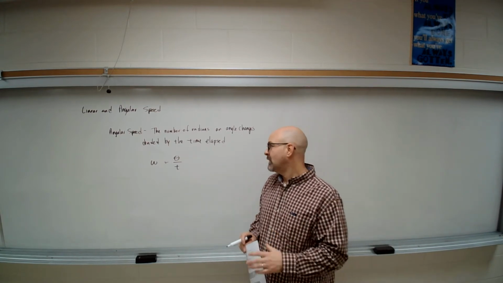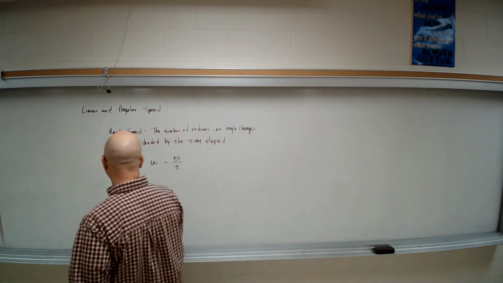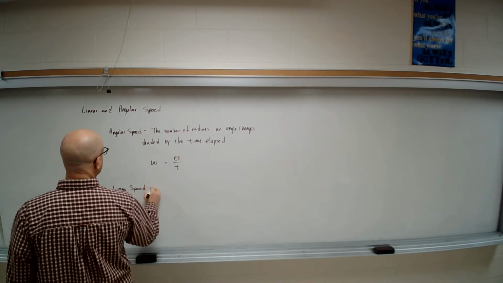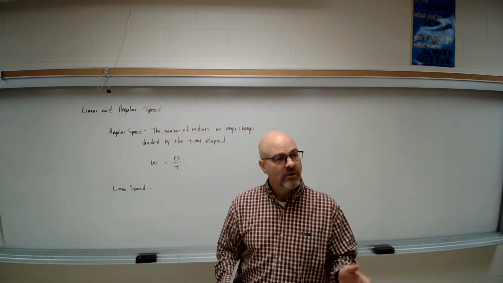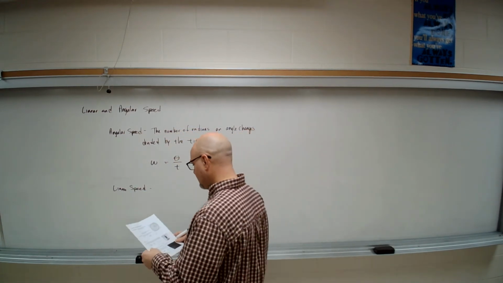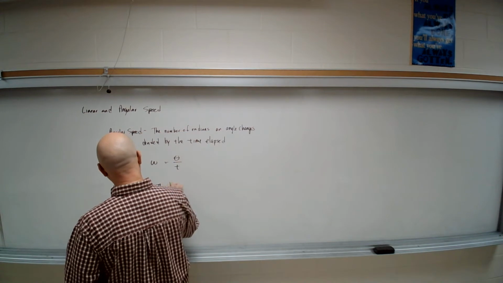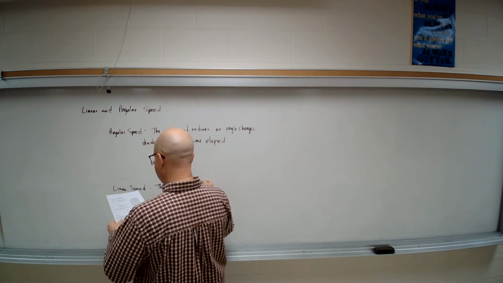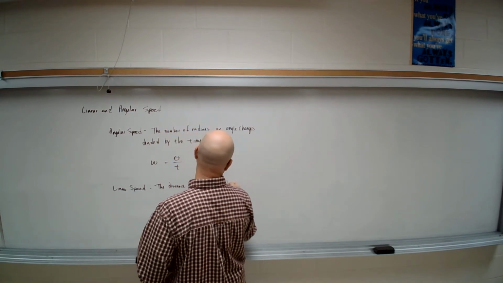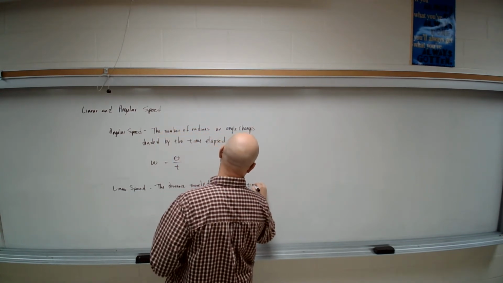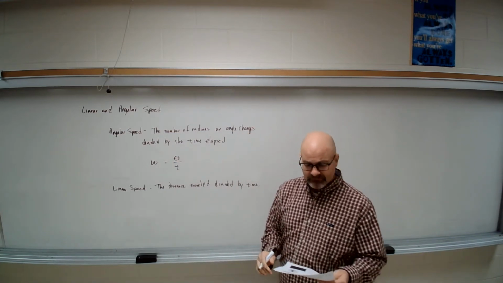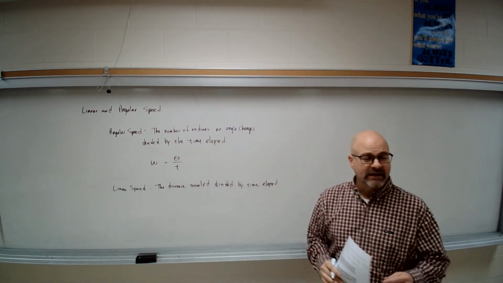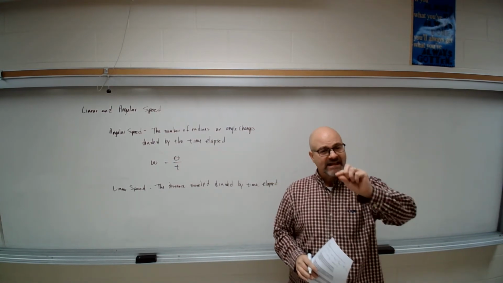So let's look at what linear speed is. This is what you might be more familiar with. But we're talking about linear speed for circular motion. It's the distance traveled divided by time. So if we're traveling in a circular path, we know that the path is that arc length, correct?